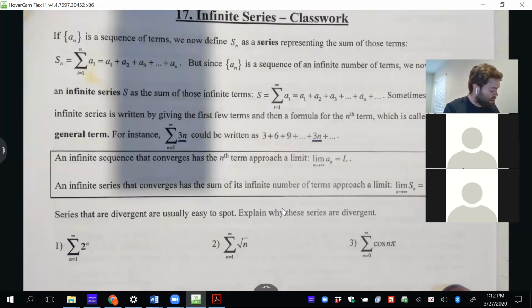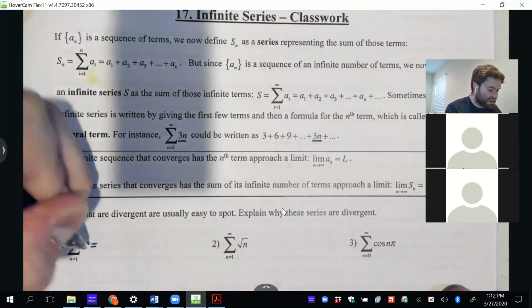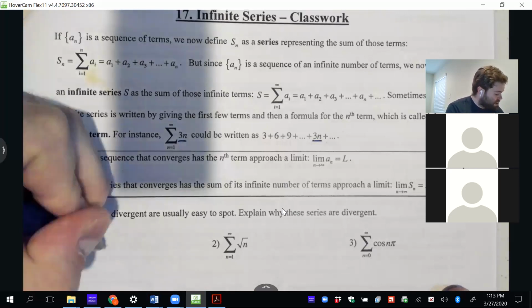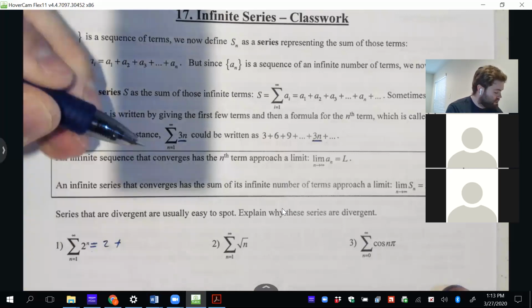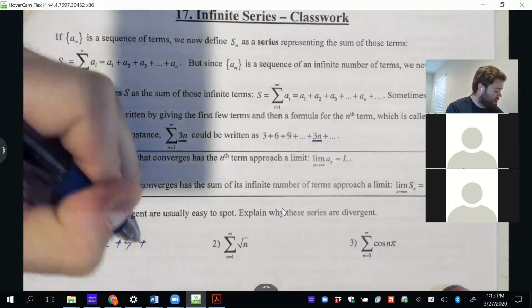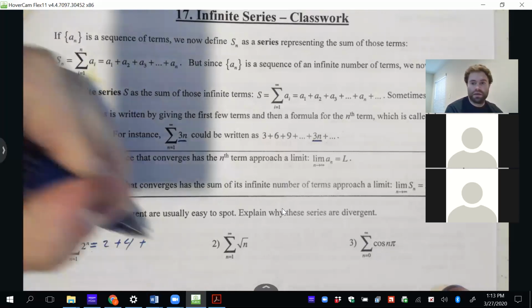Looking at number 1, let's write out the first few terms. If n is 1, we have 2 to the first power, which is 2, plus, if n is 2, 2 to the second power, which is 4. If n is 3, we have 2 to the third power, which is 8.